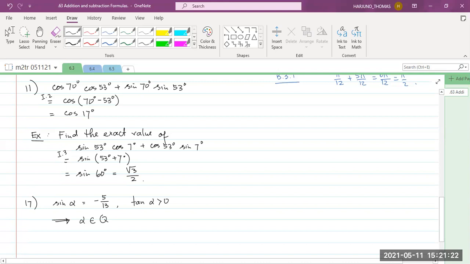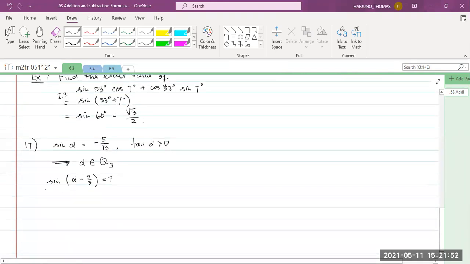Can you tell? Sine is negative, tangent positive. What quadrant is that? That's quadrant 3, right? Okay, that's quadrant 3. Now then, the question here is, what is sine of alpha minus pi over 3? Okay, that's the question.